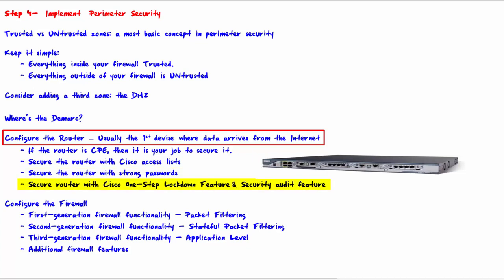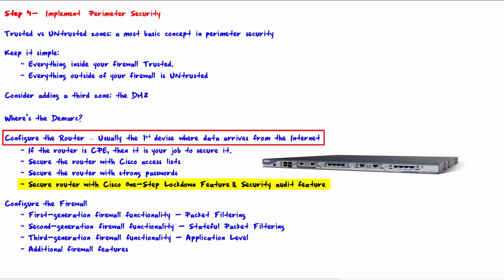Secure the router with the Cisco one-step lockdown feature and the security audit feature. Cisco has two features that help secure their routers: one-step lockdown feature and the security audit feature.